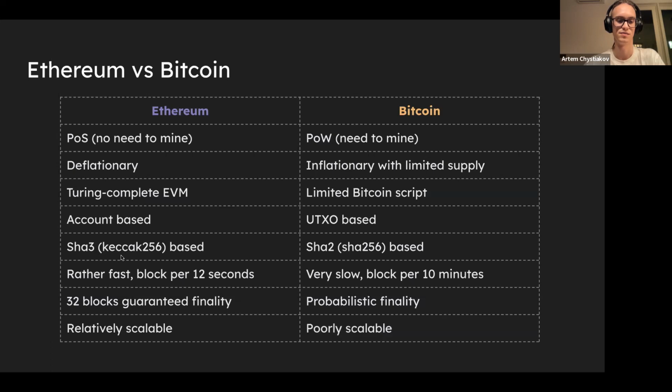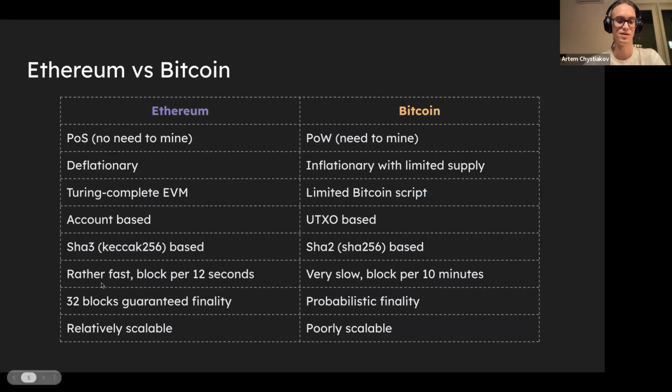It is a minor modification of the SHA-3 function, but for example, the addresses, the transaction hashes, and the block hashes are built around this hash function. Bitcoin is based on SHA-2, SHA-256.